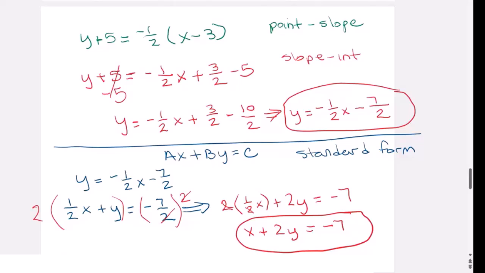So I've done standard form, slope intercept, and point slope. Usually point slope will be the easiest when you're doing these problems. I mean, depending on how it's given, but in most cases, it will be. All right. Well, we didn't need that. Let's delete it.